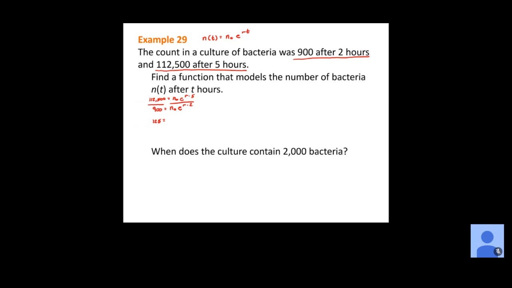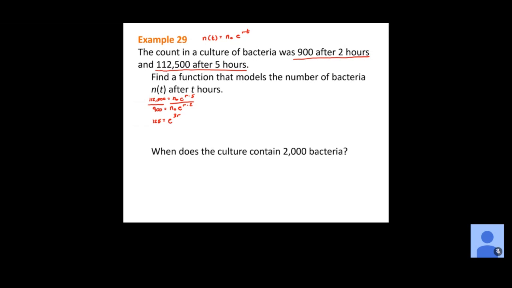Okay, we're going to get e to the 3r power, right? So the N sub 0's cancel. Then we're going to subtract exponents when we divide here. So we have a 5r minus a 2r. So we're going to get e to the 3r.